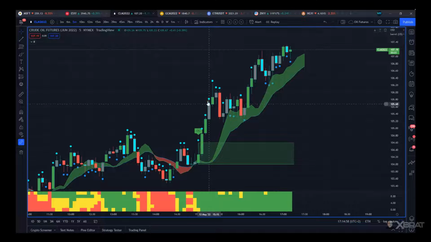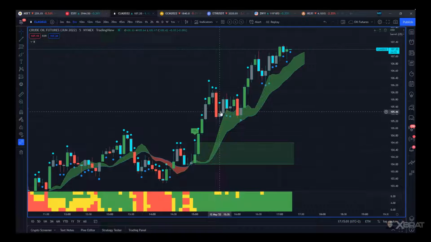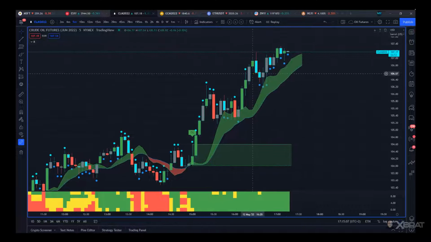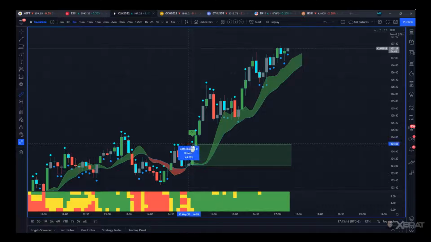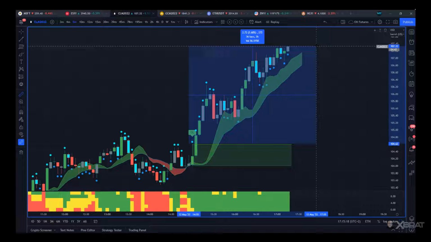We see this pullback, it runs out of juice, it goes again, it pulls back, runs out of juice on lower than average volume with these stops, and now we are in a position where the cloud is still, the ribbon is still green, and we are at approximately 272 ticks profit for this range breakout trade.